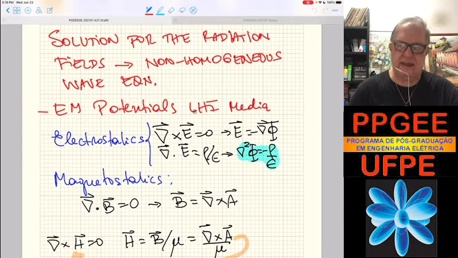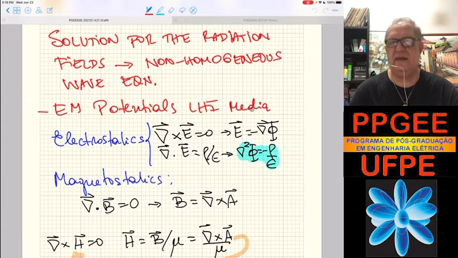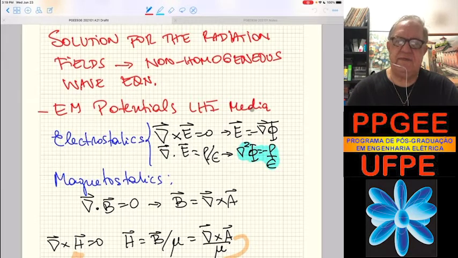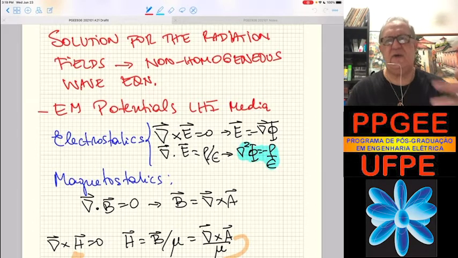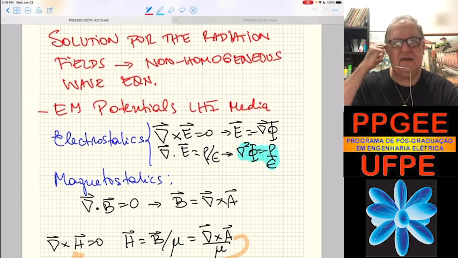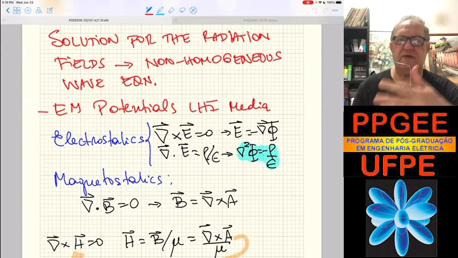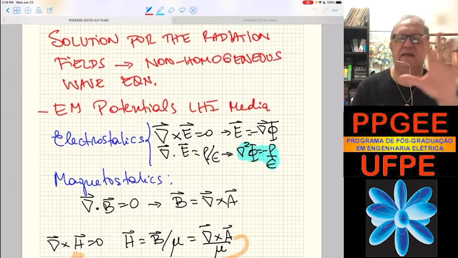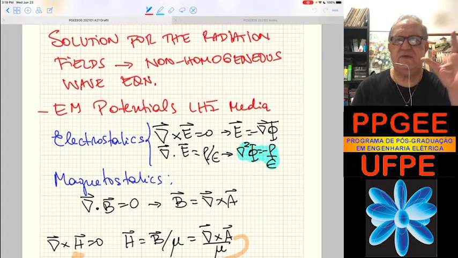Let's consider that we have linear, homogeneous, and isotropic media, so we can establish simple differential equations. Otherwise, it might be very complicated, right? It depends on the medium. In general, we are propagating waves in vacuum, in the atmosphere. We can consider, to a first approximation, that the properties of the atmosphere do not change a lot.